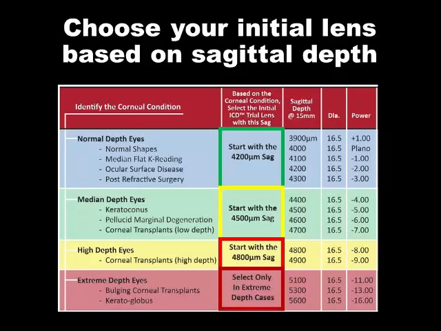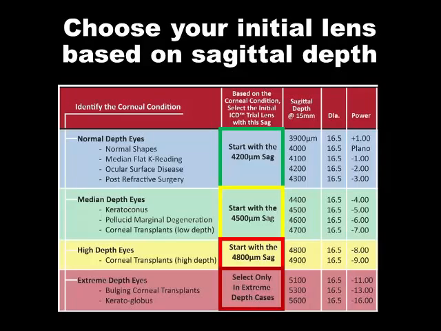However, if it's a keratoconic patient, you're more likely to need at least 200 microns higher. So if you have keratoconus or corneal thinning disorders like pellucid, if it's a corneal transplant but it's not highly bulging, then you could pull out the 4500 lens.